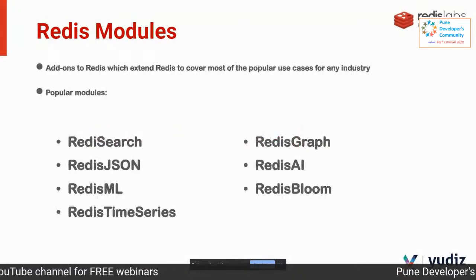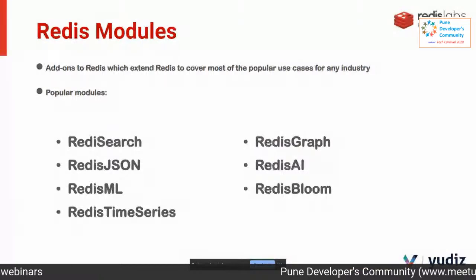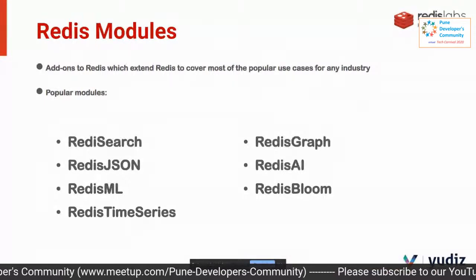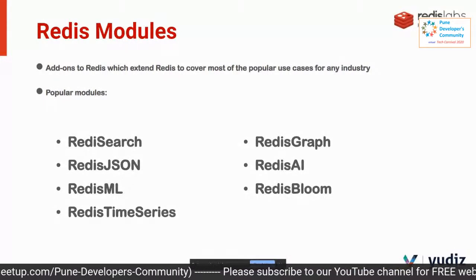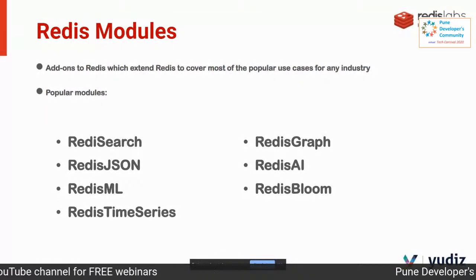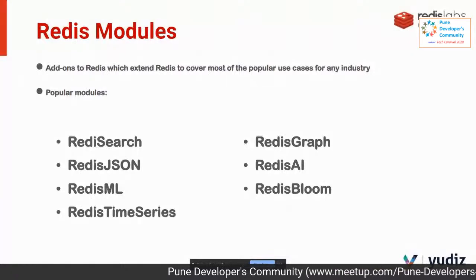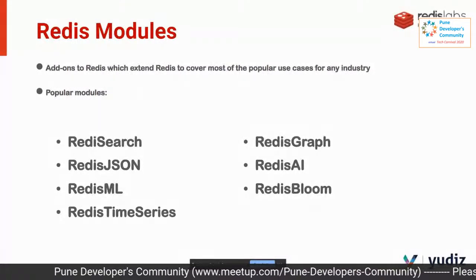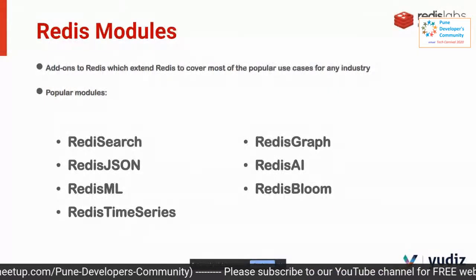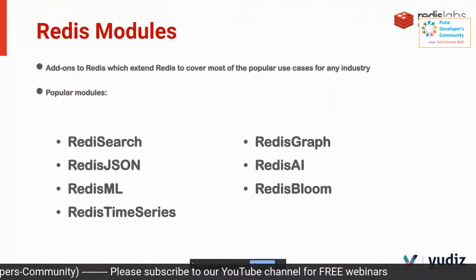There are a lot of modules which come with Redis, and you can also develop your own modules. These are the modules supported by Redis Labs. Like Redis Search is specific to full text search scenarios, and Redis JSON. In the Pune developer community, we hosted some of the module use cases.